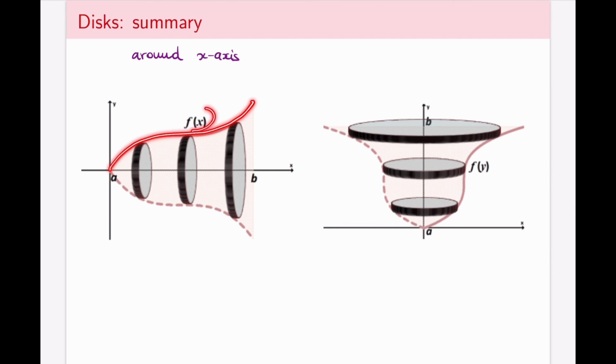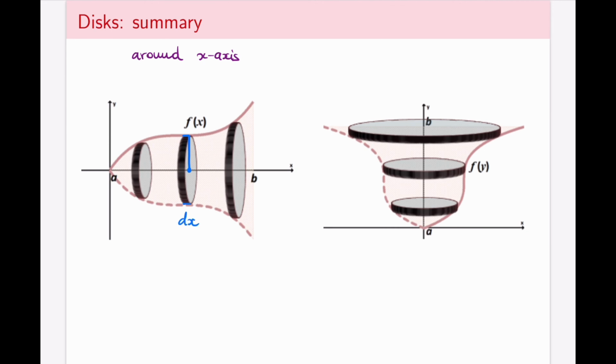This was my function f of x, and I have formed disks to be centered on the x-axis. Now that also means, though, if this is the center of my disk, then the radius of it was what corresponded to the function, and the thickness of it here spanned along the x-axis, and therefore is what contributed to it being called dx.